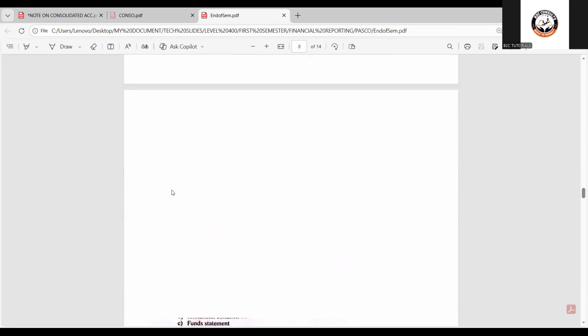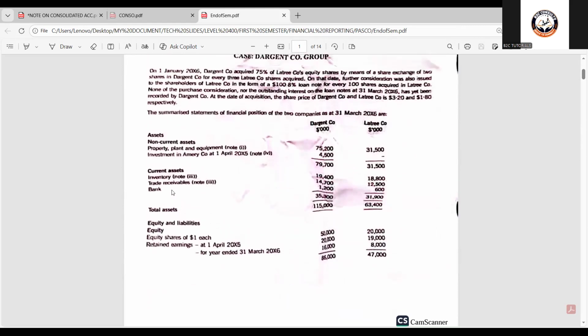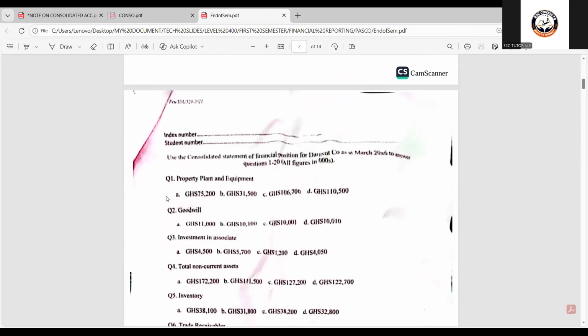Okay, so particularly this question, it gives you the financial statement, and then it gives you the first question. It says question one, determine property, plant, and equipment. So if you know how to determine property, plant, and equipment, you are good to go.